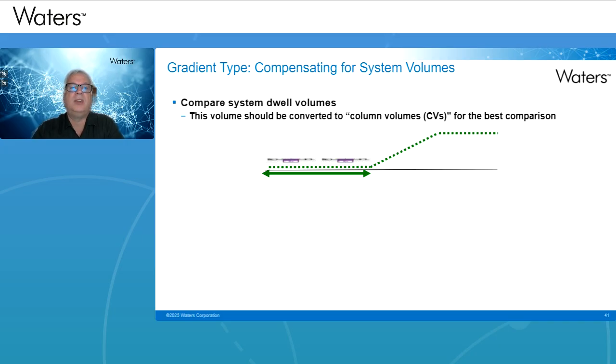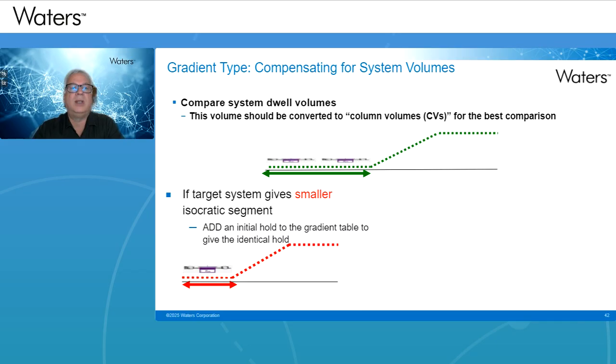Imagine my dwell volume was 340 microliters. So I will say that was representing my 2 column volume. If I transfer to another column and my column is bigger, maybe my column volume will be 340 in this example, and my 340 microliter of dwell volume will be just 1 column volume.